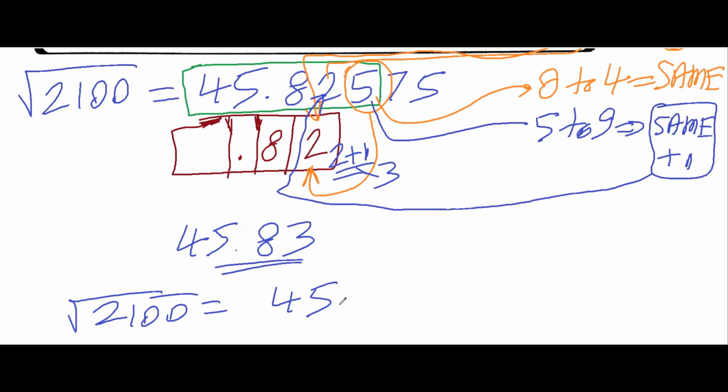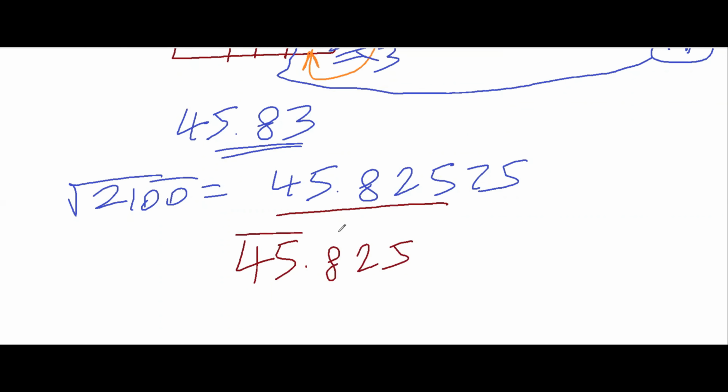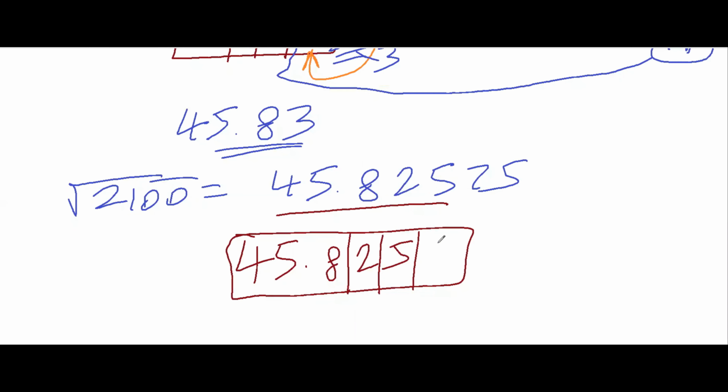Now the same thing for 3 decimal places. Say I need to find the square root of 2100. I know it is 45.82575, and I need to find up to 3 decimal places. So I am going to find the number up to 4 decimal places, not up to 3, and then decide whether it should be changed or not. My fourth place is 7.